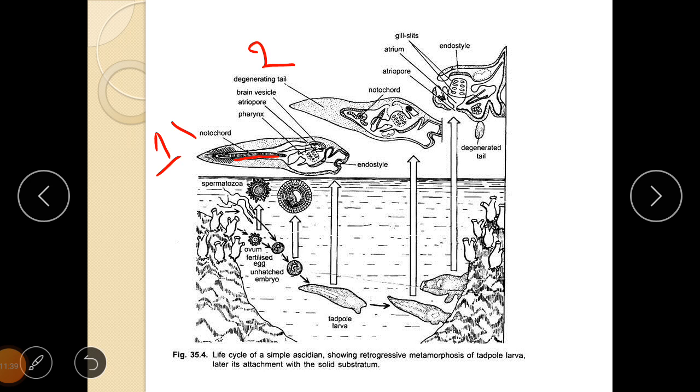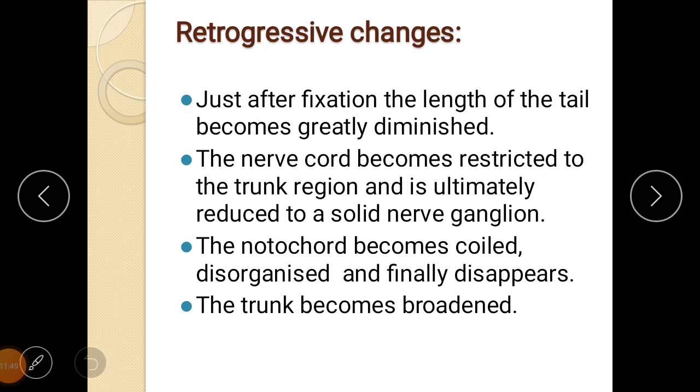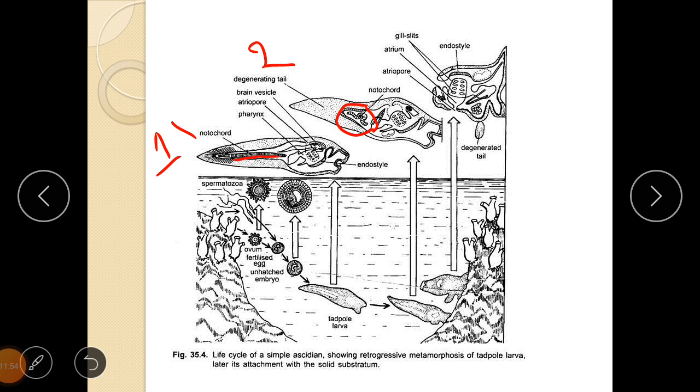So, this is the notochord, and see the adult, there is no notochord here, right? So, the notochord becomes coiled, disorganized and finally disappears. You could clearly see that the notochord is completely absent in the adult stage. So what happens in the adult stage?